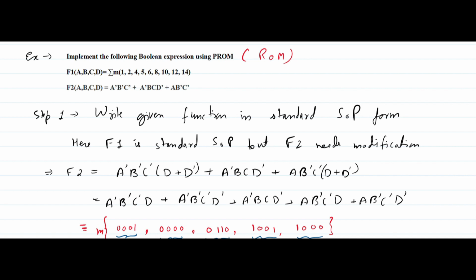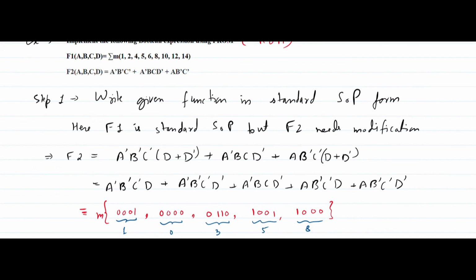So in step 1 we will write the given expression in standard SOP form, and to write in standard SOP form we need standard min terms. Here F1 is given in standard SOP form because these are standard min terms. 3 5 means A dash B C dash D. But function F2 is not in standard SOP because the min terms are not standard.